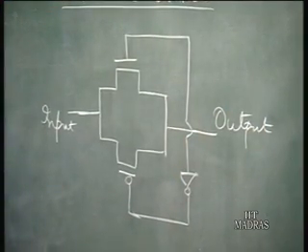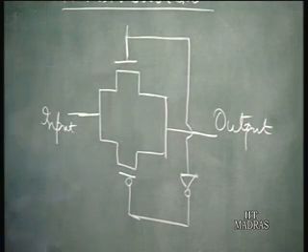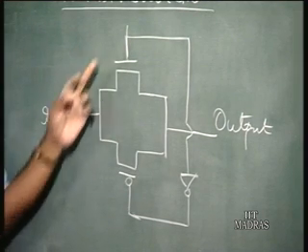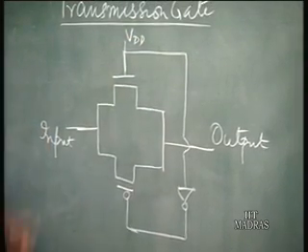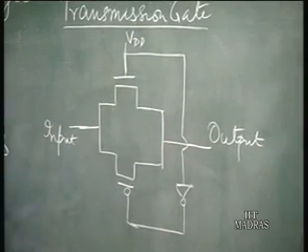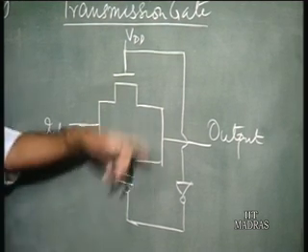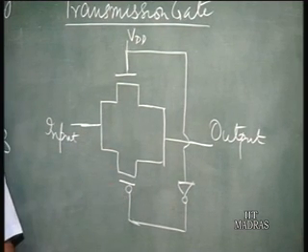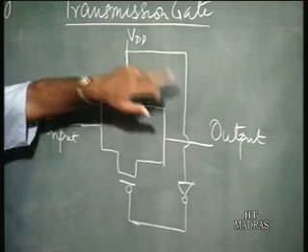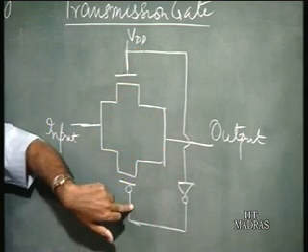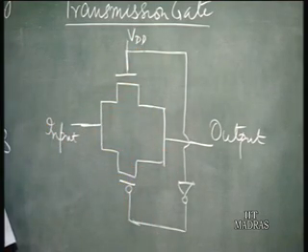This is the control input here. Now, suppose you have a high here, VDD, as we had in the previous case, at the gate of the NMOS. The voltage at the gate of the PMOS is going to be 0, or ground, because this is the output of an inverter coming here. So the inverter input is VDD, and the output is going to be ground.